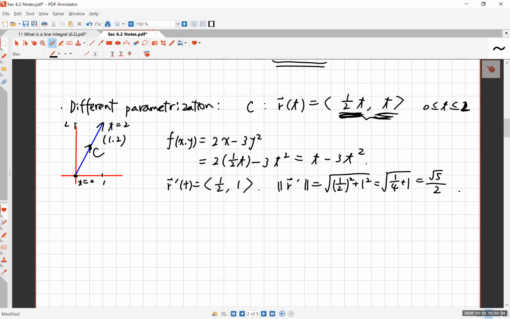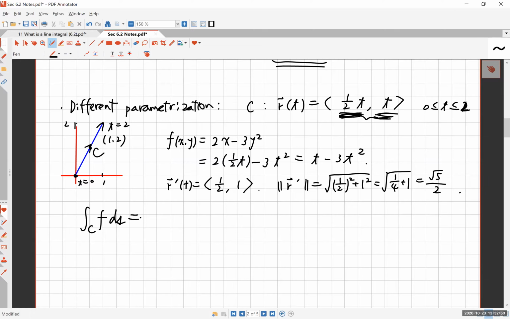All right, now we have all the ingredients to throw into the pot to cook up this integral. Sorry, I should say the integral over c of f ds.